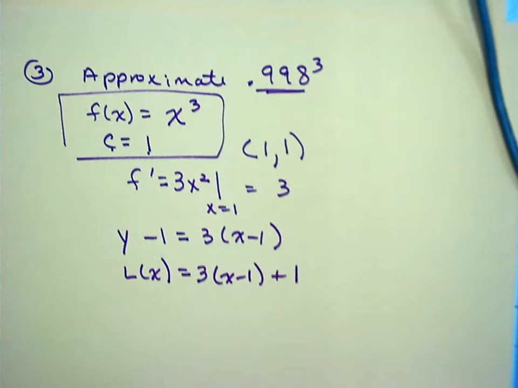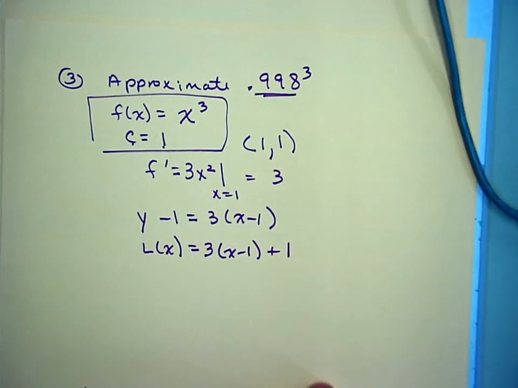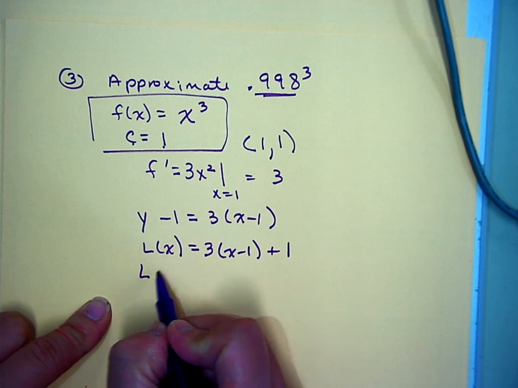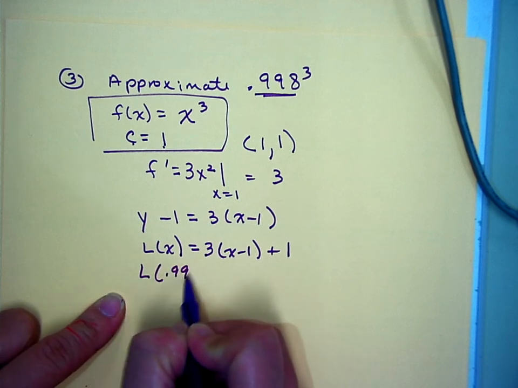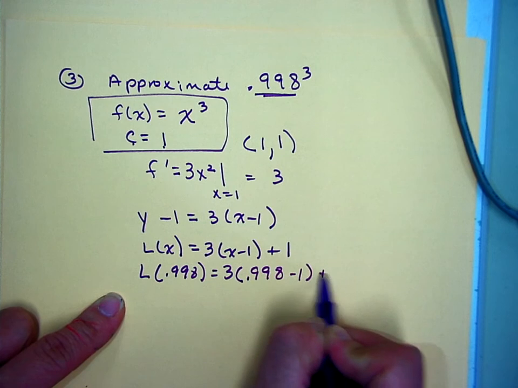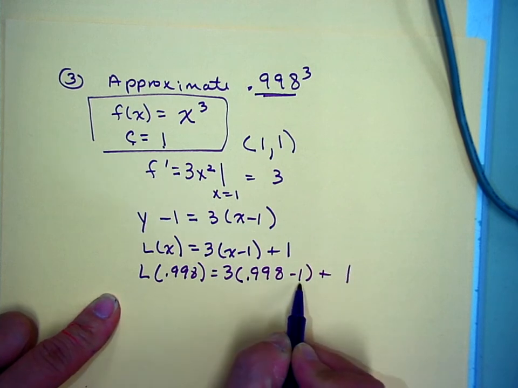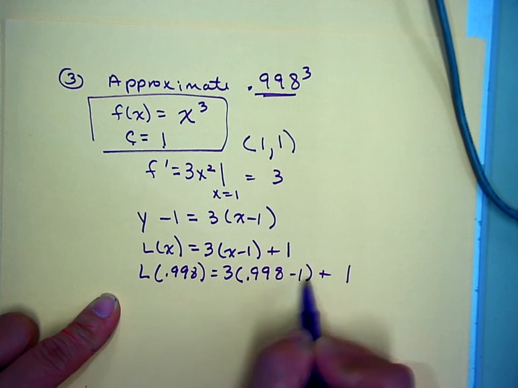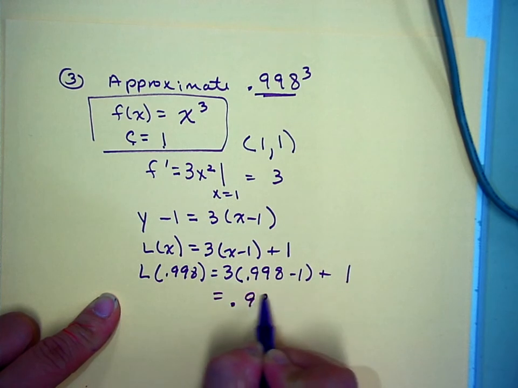So the idea is, okay, I don't know what 0.998 cubed is, but I can figure out what L of 0.998 is, and we can do this without the calculator pretty easily. So 0.998 minus 1 is negative 0.002. 3 times negative 0.002 is negative 0.006. Add 1, you're going to get 0.994.